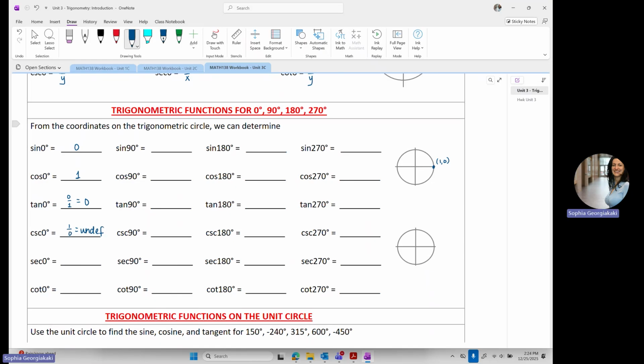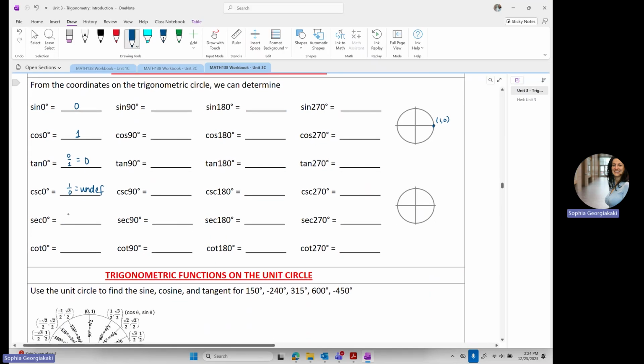Division by 0 is undefined. The secant is 1 over the cosine. 1 over 1 will be 1. And the cotangent will be x over y. 1 divided by 0 is also undefined.